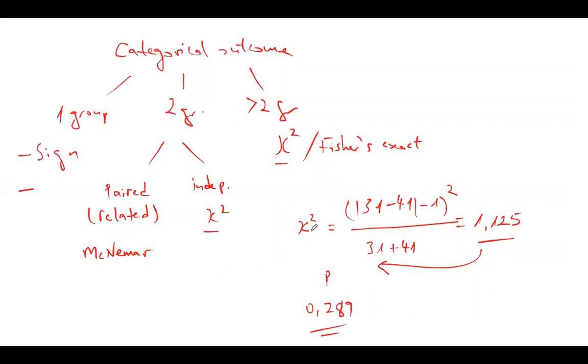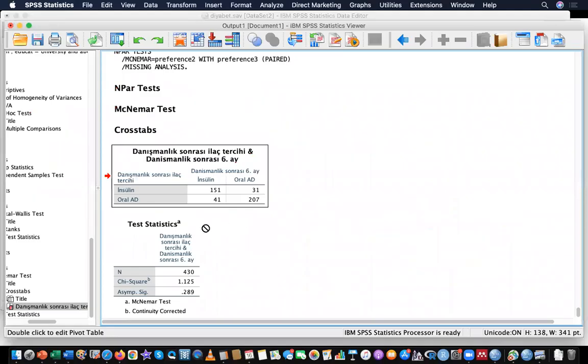Is it significant? Is there a significant difference between the two groups? No, no significant. There is no significant difference. So the conclusion will be, my educational intervention had no effect in changing the opinions of the people to switch from insulin to oral antidiabetics.